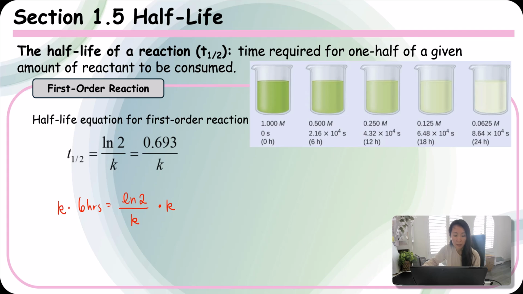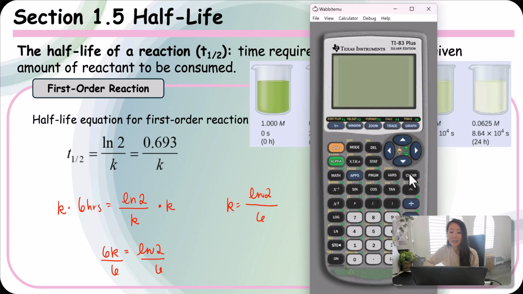That's going to give me 6k equals ln of 2, divided by 6 on both sides, and I should get k is equal to ln of 2 over 6. So I'm going to punch that into the calculator.